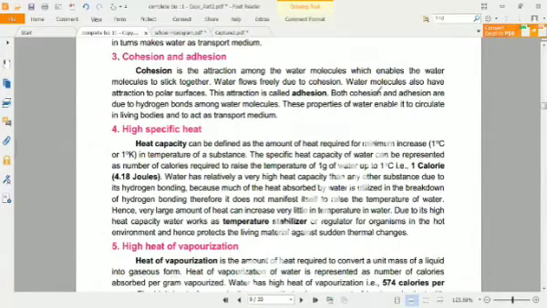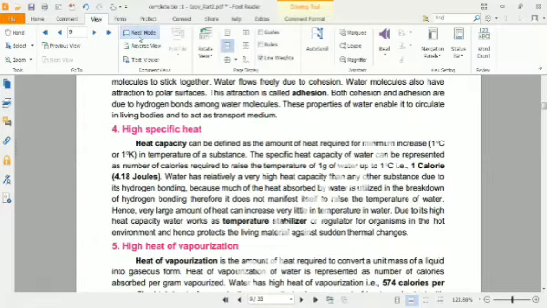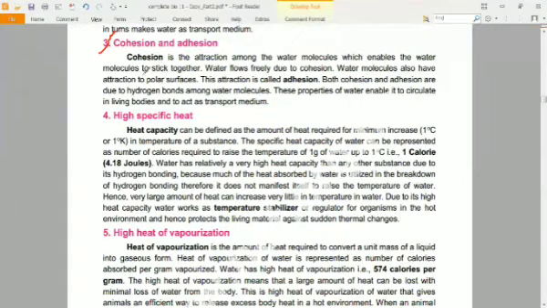Okay, so right now we are going to see the third one, that is cohesion and adhesion. Co means among one another, of the same kind. It is the attraction among the water molecules which enables the water molecules to stick together. With this quality, water is able to move freely in any place.